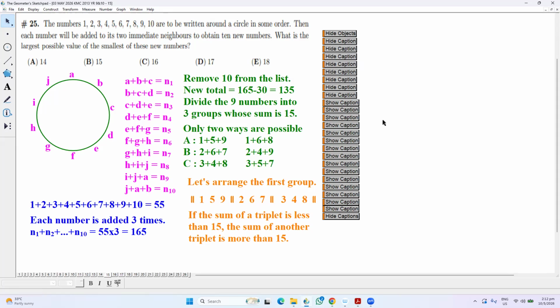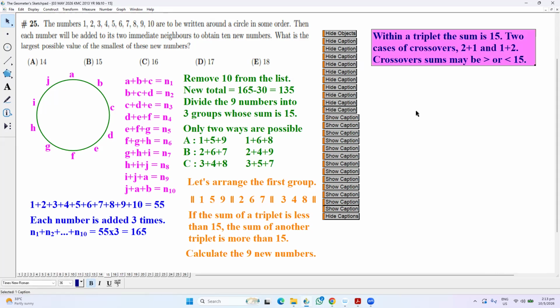Then we notice, let's go on first. Let's calculate the 9 new numbers. Within the triplet, it's always 15. 15, 15, 15 within the triplet. 2 cases of crossover. 2 plus 1: 6, 7 cross to 3.